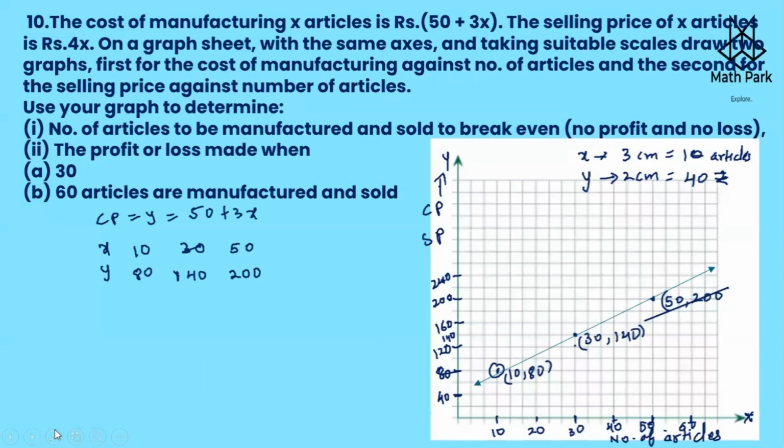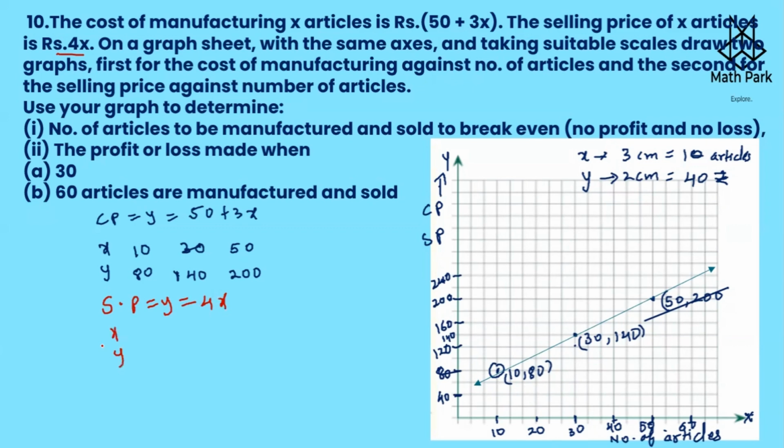Take the points for selling price. So your SP is equal to 4x. Let us take SP on the y-axis again, so CP and SP are both plotted on the y-axis. So SP is equal to y is equal to 4x. Let's take the points.